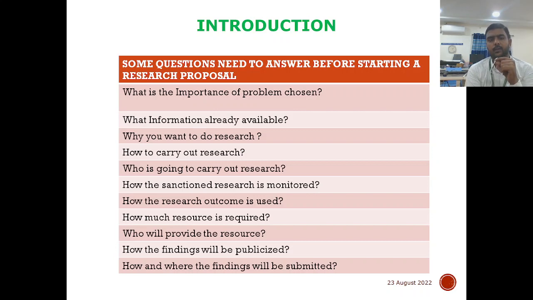In what way is your research outcome beneficial? You need to mention that. How much resource is required? Also mention that. Suppose you are planning to implement a test bed or develop a mechanism; in order to implement it, what resources do you require, how many computers, and what hardware and software are required? You can mention that.